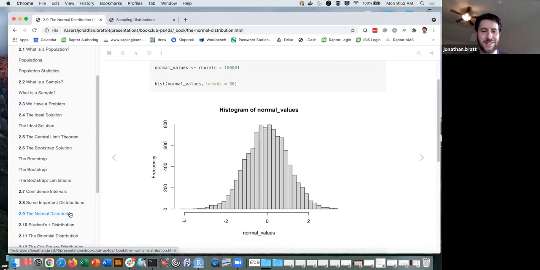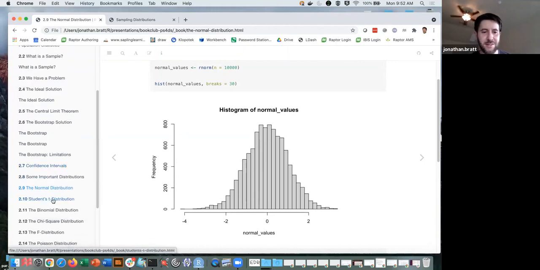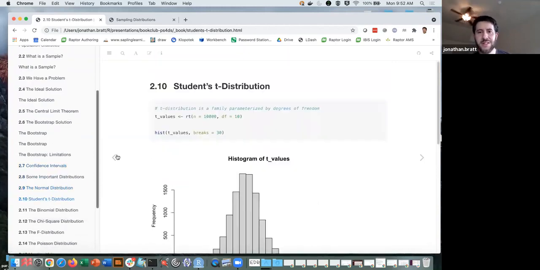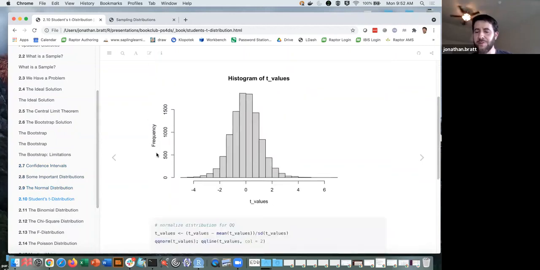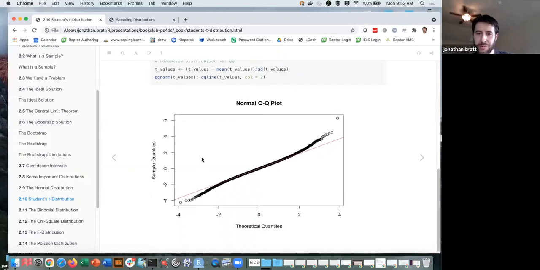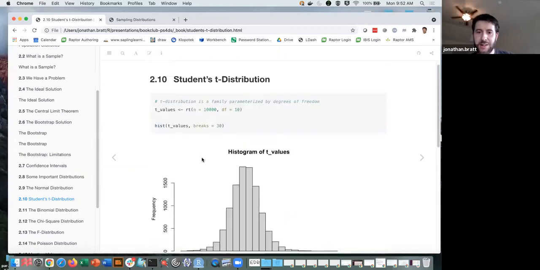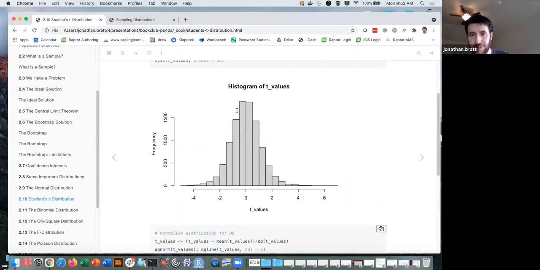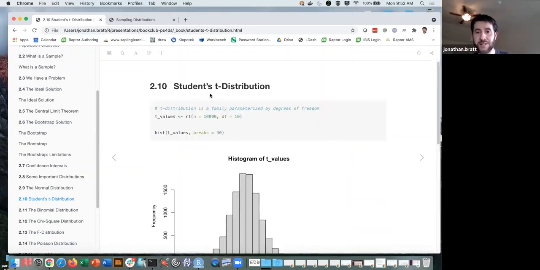So the normal distribution is kind of a big deal. Student's t distribution came up for mostly obsolete reasons now. It's normal, but depending on which particular distribution, because this is actually a family of distributions parameterized by degrees of freedom, it'll be more or less normal. So there's a limit in which this distribution is normal.